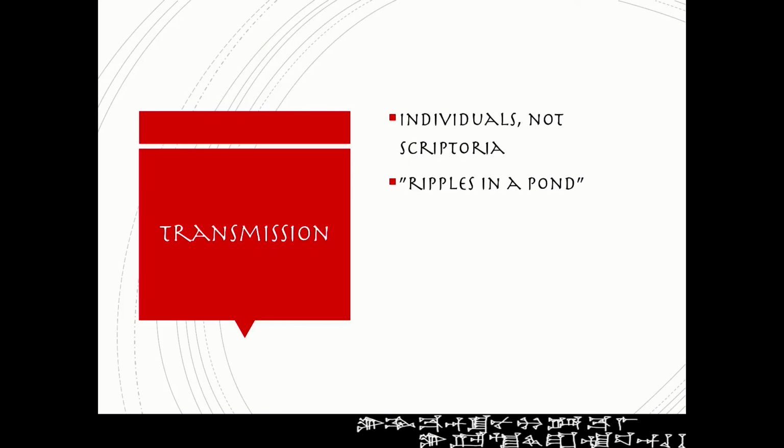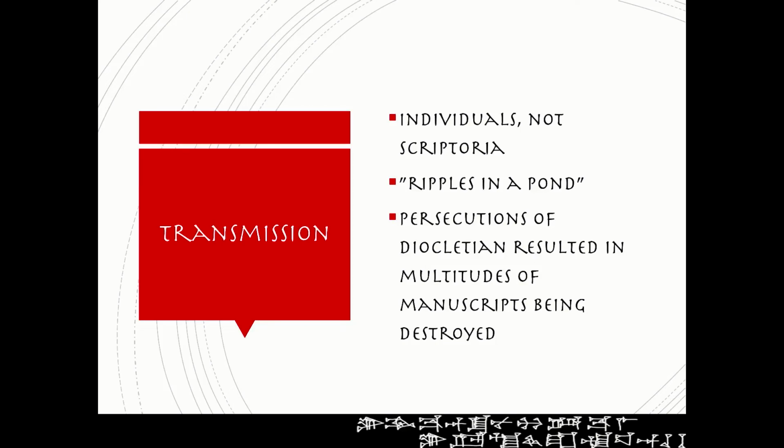As a text was copied in a particular area, the effects were transmitted out from that area, and when a text moved and was copied in another area in addition to that first area, it created its own ripples, and when the ripples overlapped with one another, there was an intermingling of text types, which makes it extraordinarily difficult, if not impossible, often to follow these text types back all the way.